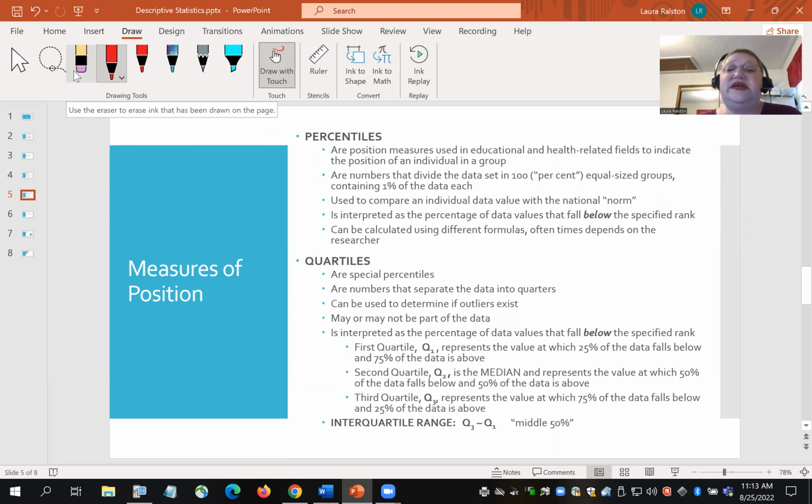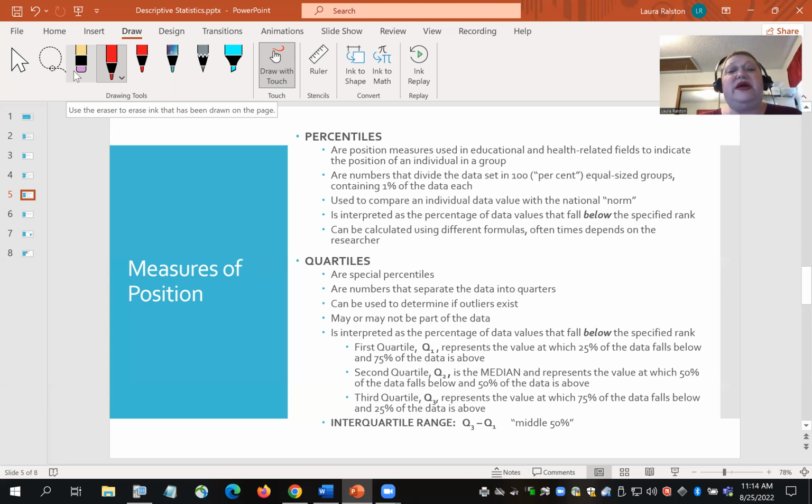And so even computer programs, even MINITAB in comparison to Excel or just a handheld calculator, would calculate percentiles differently. So we don't actually do that calculation in this course. Again, if we were doing it in the real world, we would rely on the technology that we have available to do that for us.